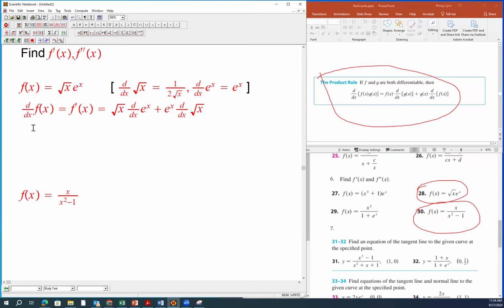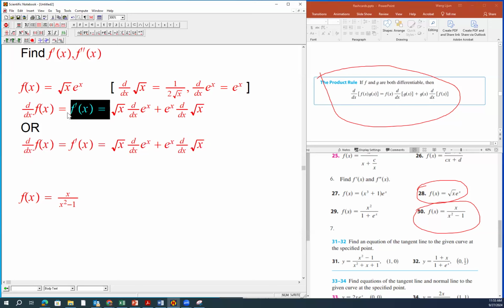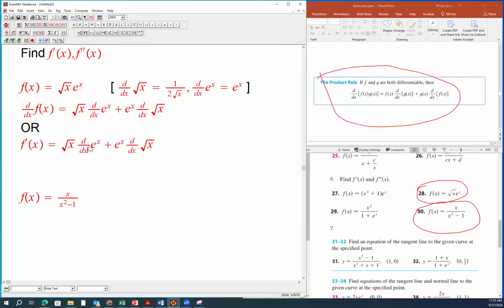So we see some kind of consistency. If you use the Leibniz notation, you may like to write it this way. If you use the prime notation, you may like to write it this way, and also this way, with parentheses and prime.